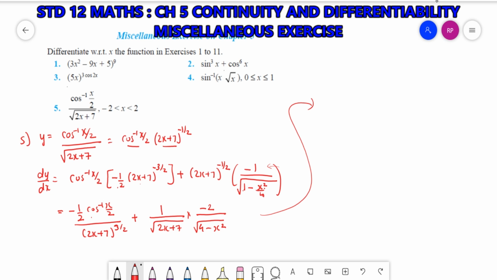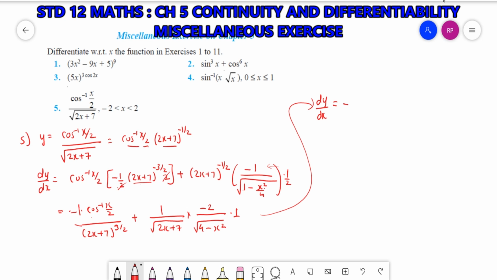So rearranging it, we will get dy by dx equal to minus, I can take minus common from both, right? Okay, so here we forgot one thing. Derivative of 2x plus 7, that will be 2. So 2 will get cancelled. Here it will be only minus 1. Okay, clear? And here also derivative of x by 2, that will be 1 by 2.